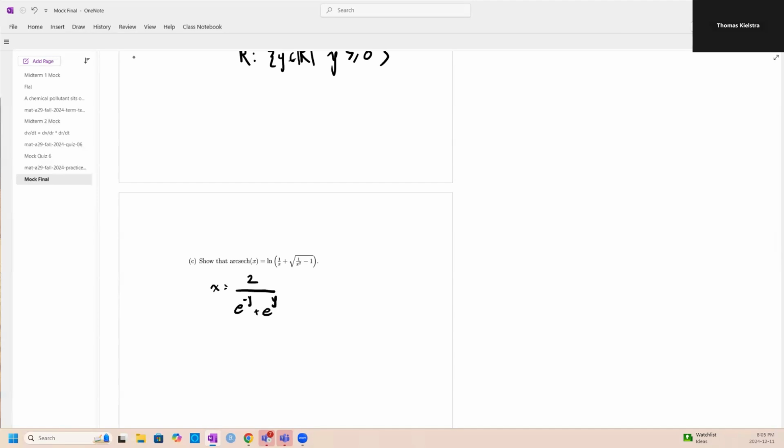From here, I'm going to multiply that up to get x times e to the minus y plus e to the y equals 2. I can do this because this is always positive. I'm going to multiply both sides by e to the y, which again I can do because it is positive. So I get x times 1 plus e to the 2y equals 2e to the y.